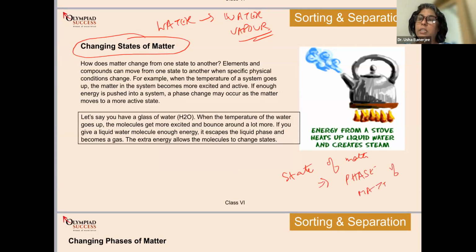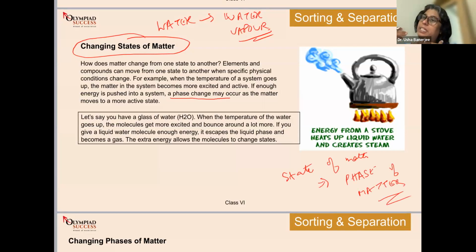So water is the liquid phase of matter, PHASE. Water vapor is the gaseous state of matter, and ice is the solid state of matter. So which means there is a phase change occurring from ice to water vapor.